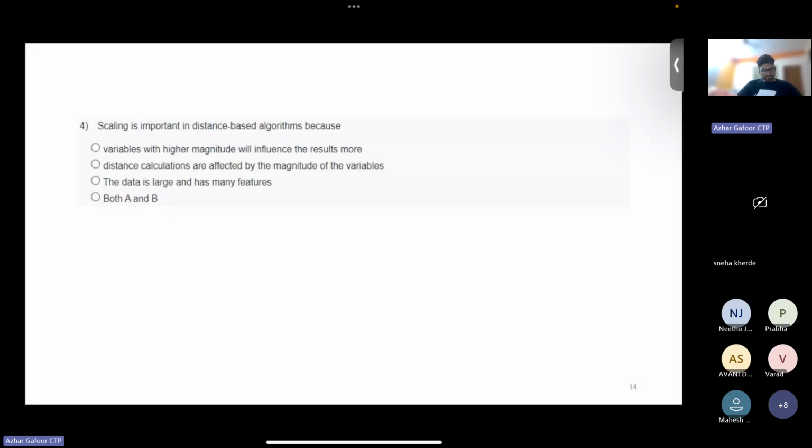A. Yeah. So the variables with a higher magnitude will have an effect, like if there are outliers or something, that can cause different clusters to happen. So it's a problem with all the distance-based algorithms. So correct answer is C.